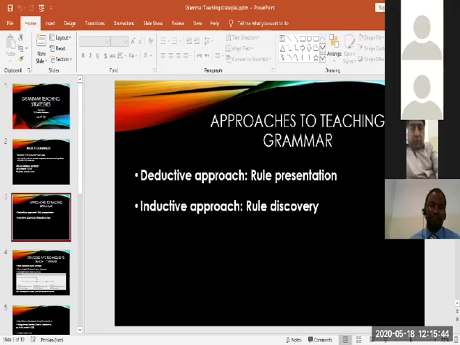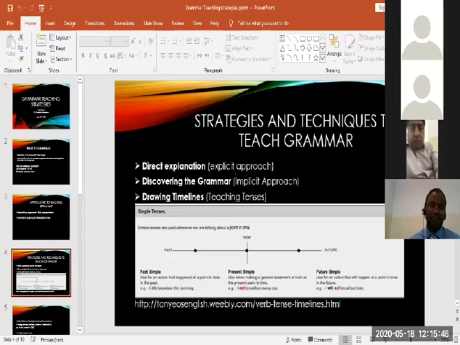So now I'm going to focus on some of the strategies and techniques that we can apply in order to teach grammar. I'm sure a lot of you, or all of you, have at one point in your life taught grammar, whether to children or to adults, whether at beginner level or more advanced level.